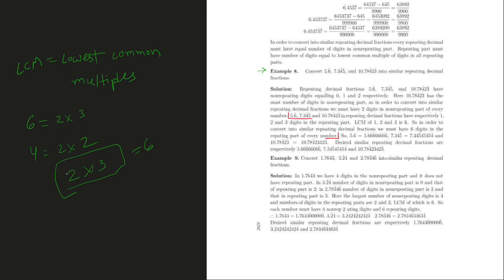Now we take 2, which is common, and also we take 3. Okay, so here between 1 to 3, the LCM of 1 to 3 is 6.